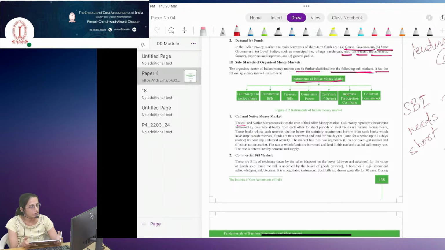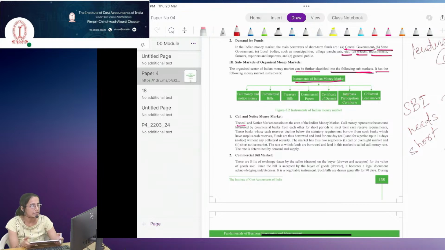See, when one commercial bank approaches another commercial bank for short-term funds, call or notice, call will be for 1 day and notice for 14 days, we have to pay some interest to the other commercial bank, right? We cannot just take that amount on credit without paying any interest. So that interest rate which is determined is called the call money rate. Okay.